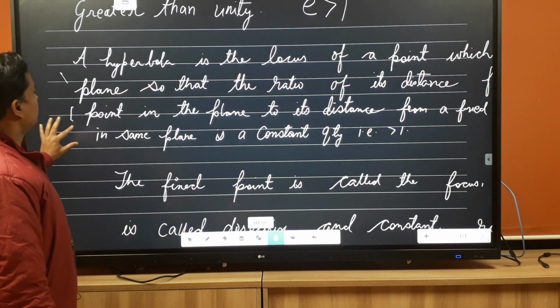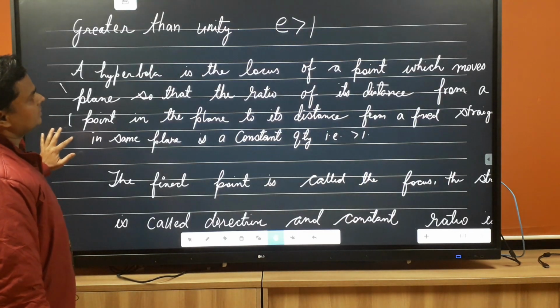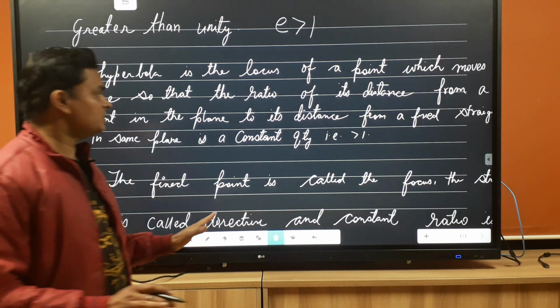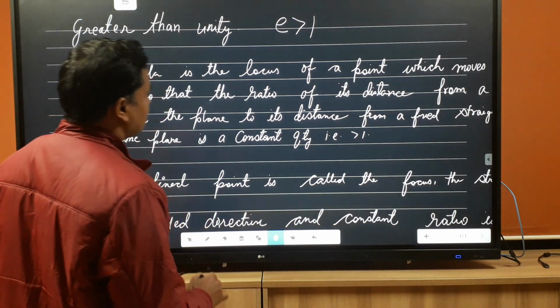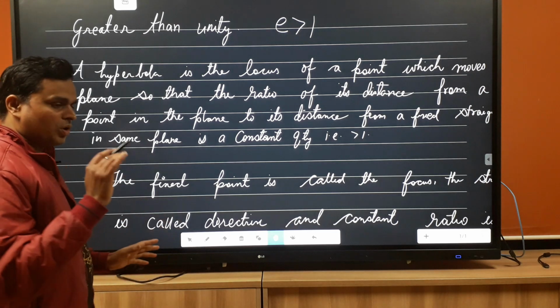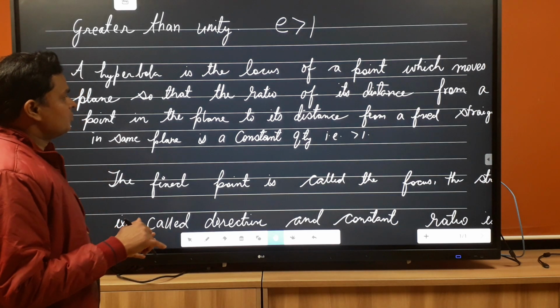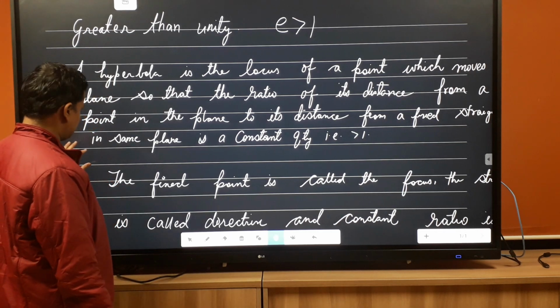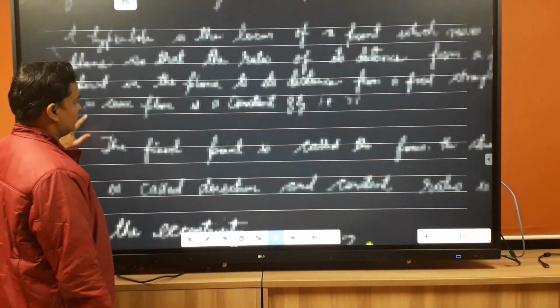So basically, the locus of a point which moves in a 2D plane, such that the ratio of its distance from a fixed point to its distance from a fixed straight line is constant, and that is eccentricity, and that is greater than 1.